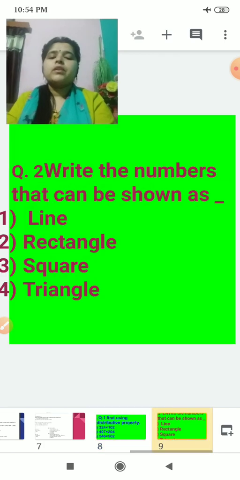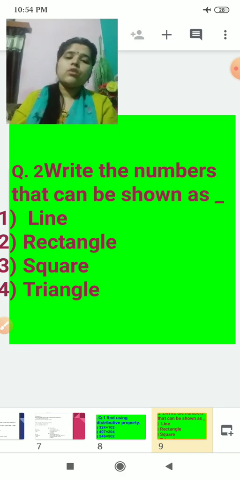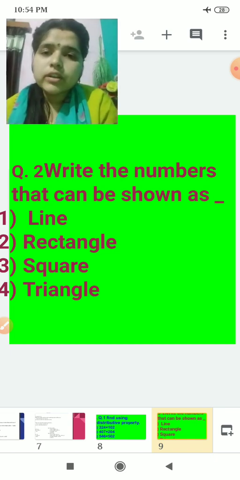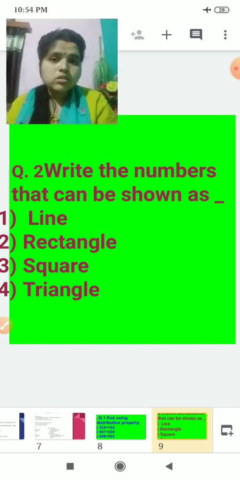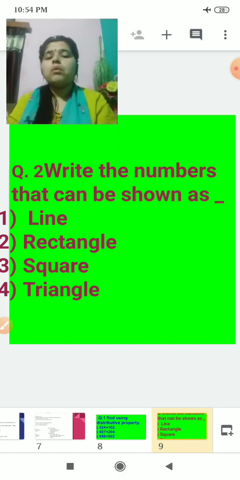Okay, the next one is write the numbers that can be shown as a line. It is very easy. For a line, you have to show the numbers which can be used as a line, but you have to show it using dots also. Okay, you have to use the dots. For rectangle also you have to use dots and show the number. Square and triangle too. So today we have discussed the pattern in whole numbers.